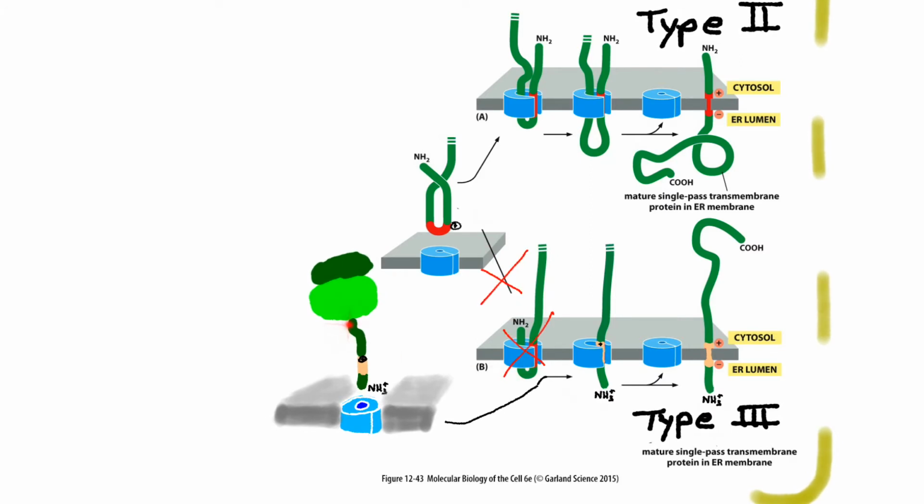This is what happens, and it's an important point: here is a stop transfer sequence. Nothing new about it. It's exactly the same one we used in the previous diagram. It's just that in the previous diagram we had a signal sequence that preceded the stop transfer, but now we don't. So we've got the N-terminal nascent chain followed by a stop transfer sequence.